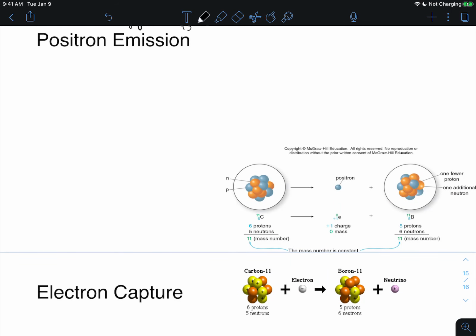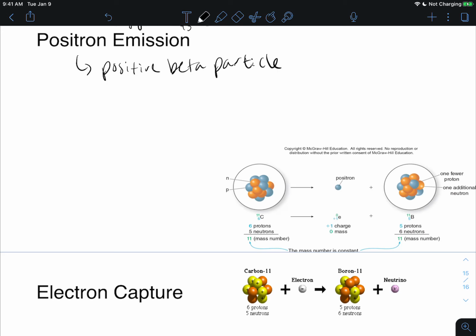Next thing we're going to look at is positron emission. A positron is basically a positive electron or positive beta particle. So it's going to act exactly like a beta particle, except now we have a +1 charge versus a -1 charge. So instead of increasing our number of protons, we're going to increase our number of neutrons and decrease our number of protons.